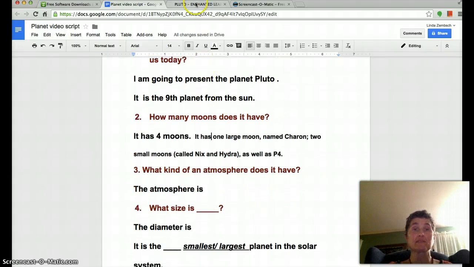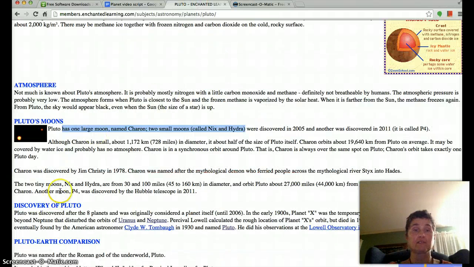What kind of an atmosphere does it have? So I'm looking for the word atmosphere, which is right here. An atmosphere is what kind of air do we find around Pluto? Here it says it is probably mostly nitrogen with a little carbon monoxide and methane.